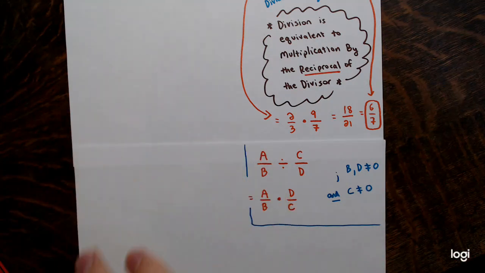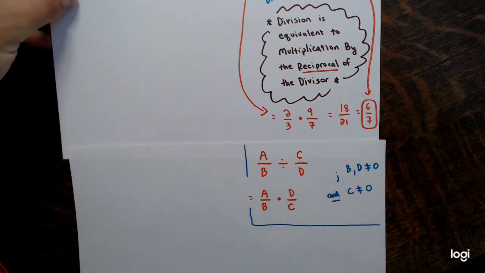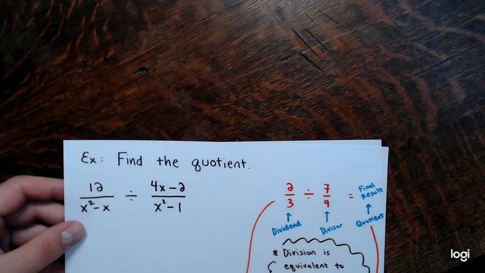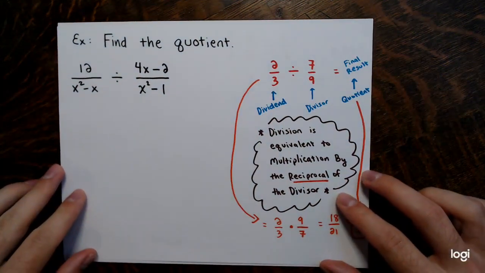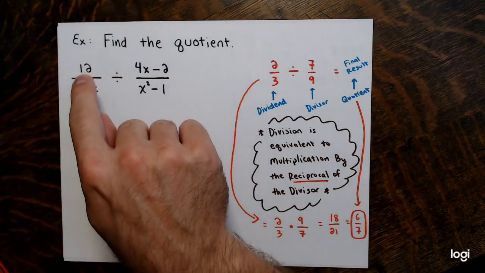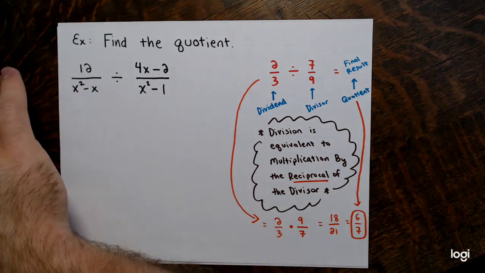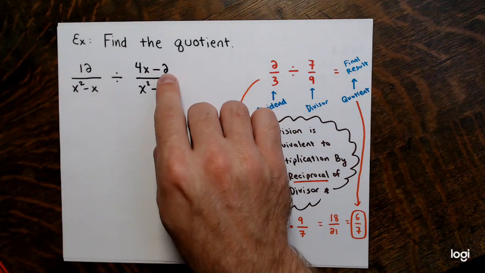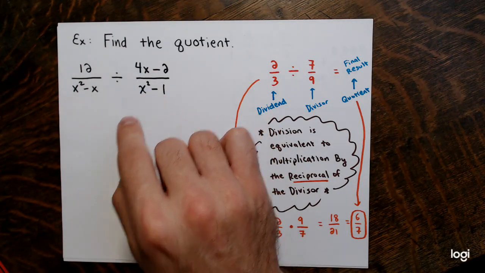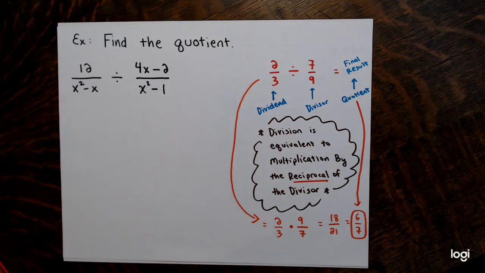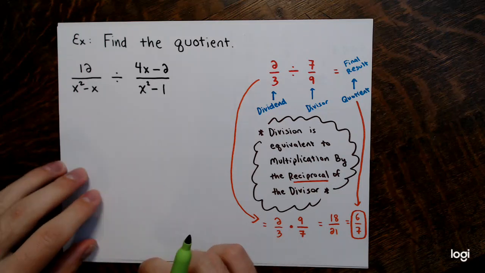Back to my problem, where I'm asked to divide these two fractions and find the quotient. I have one fraction, 12 over x squared minus x, divided by another fraction, 4x minus 2 over x squared minus 1. The first thing I'm going to do is factor everything, just like with multiplication of fractions.